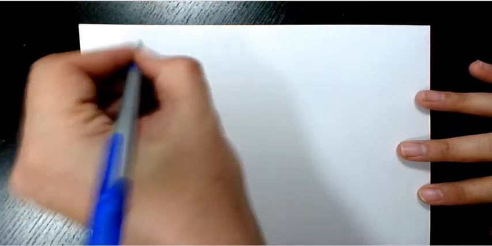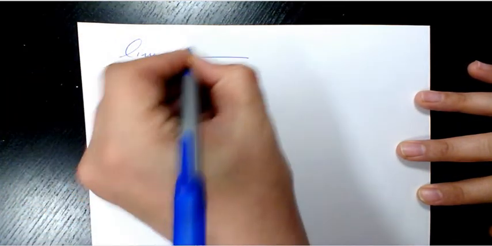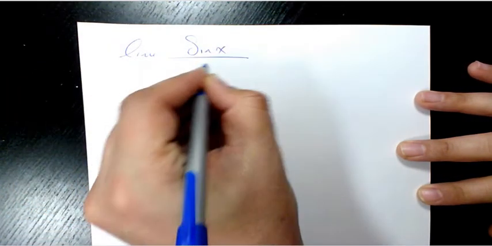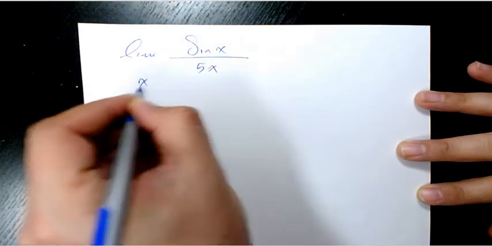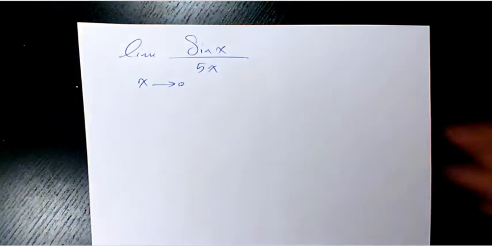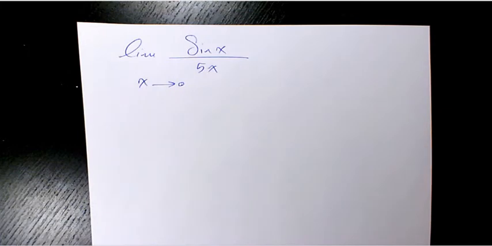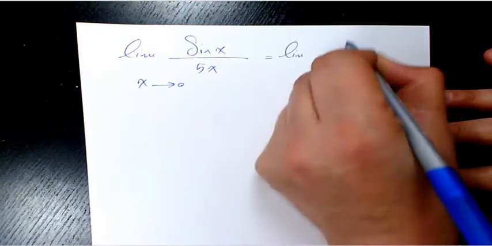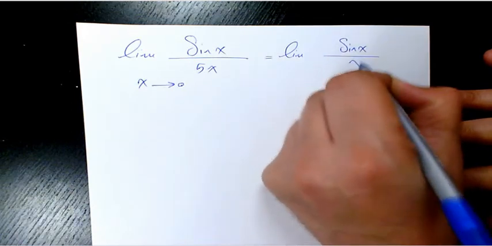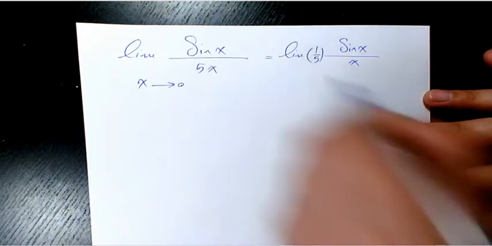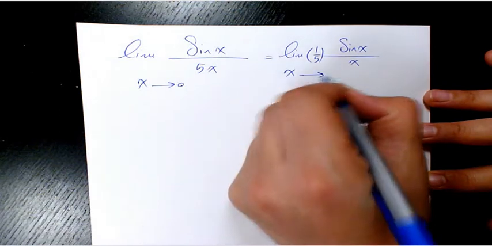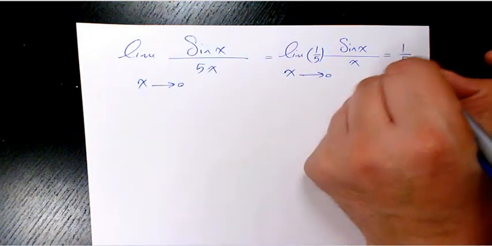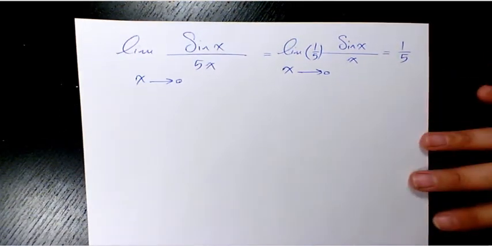Next example, it says limit of sine x over 5x when x is approaching 0. What we need to do here? We're going to say limit of sine x over x, and then you have 1 over 5 out, when x is approaching 0, is going to be equal to 1 over 5.